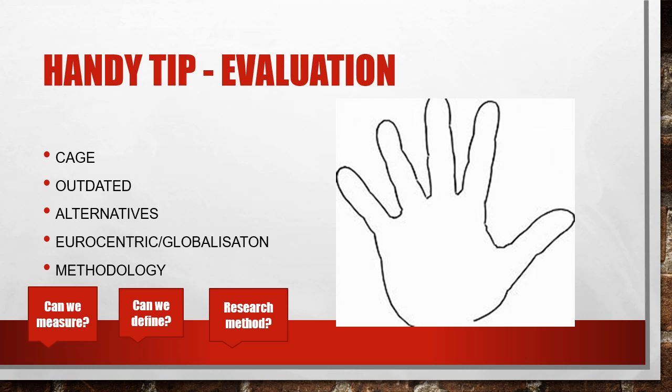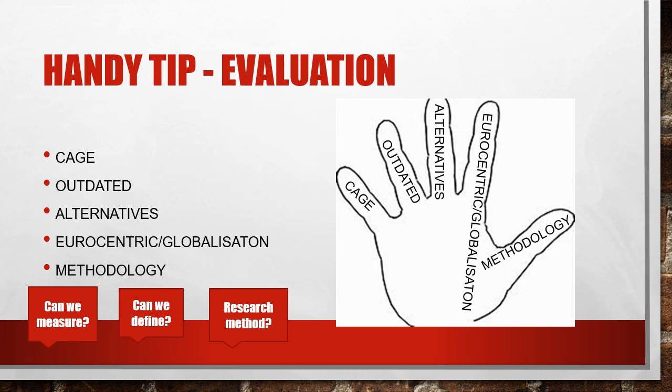And maybe men feel that they don't really want to confess that they help around the house because of issues of masculinity. So always consider, right, okay, this is the debate, but can we measure it? Can we easily define it? And what methods have these feminists or these Marxists or whoever you're talking about used? Is it quantitative? Is it qualitative? And can I attack that? So doing a little diagram like this when you evaluate or revise is quite handy.